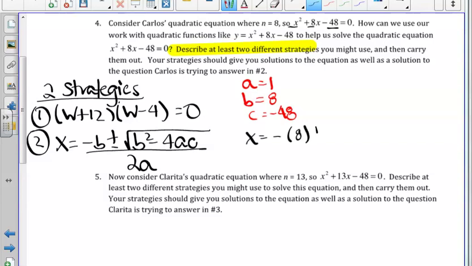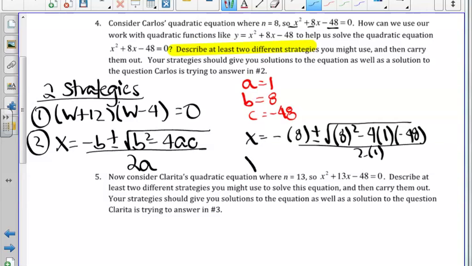We're going to plug this into the quadratic formula. Negative, in parentheses 8, plus or minus the square root of 8 squared minus 4 times 1 times -48, divided by 2 times 1. If we simplify this, we get -8 plus or minus the square root of 64 plus 192, which is the square root of 256, divided by 2. -8 plus or minus the square root of 256, which is 16, divided by 2.